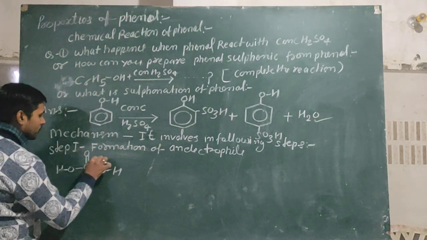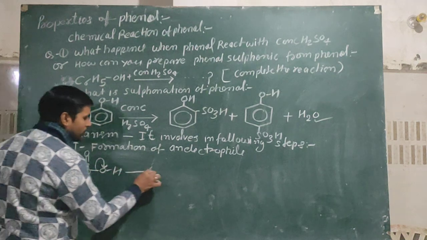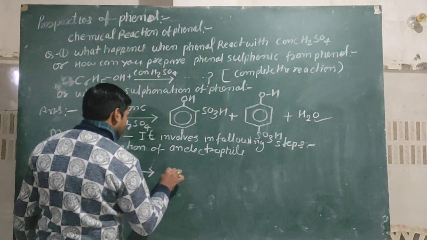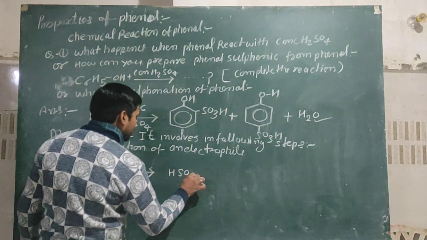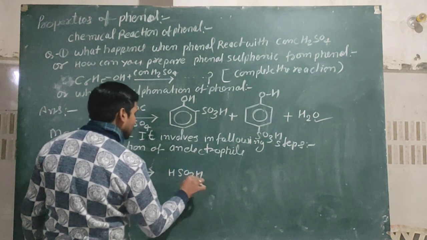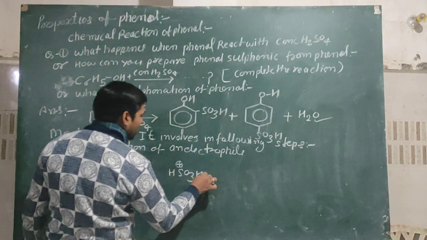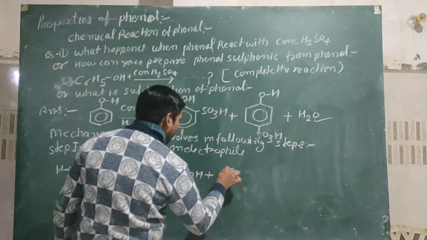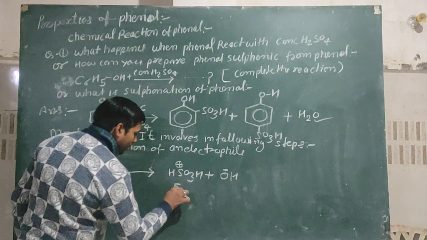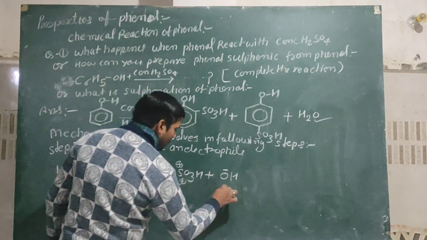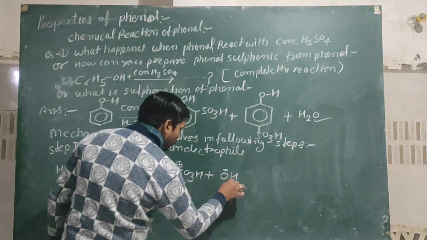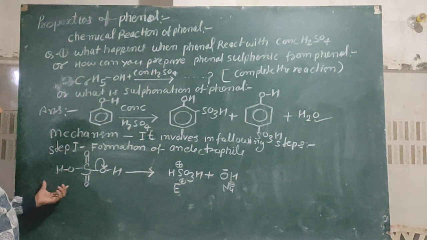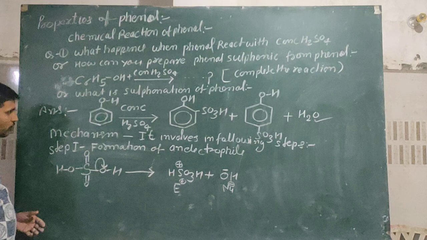In this situation, this bond breaks toward the oxygen atom and it forms HSO3H with positive charge and OH minus. It is an electrophile and it is a nucleophile. In the first step, formation of electrophile takes place.